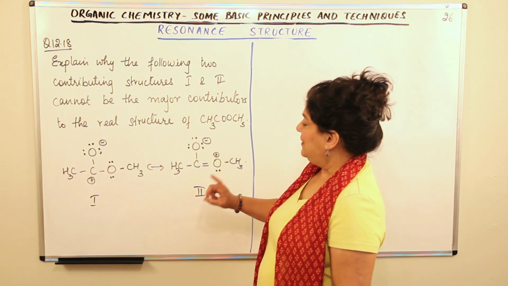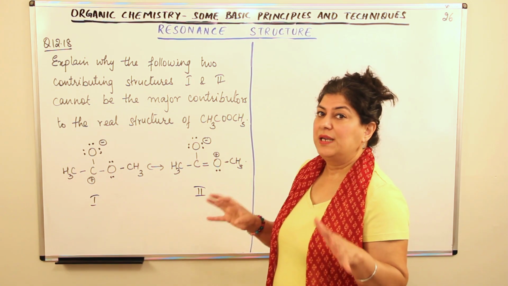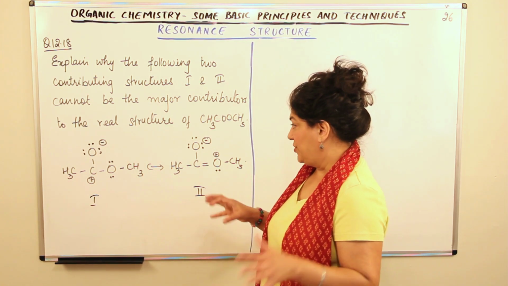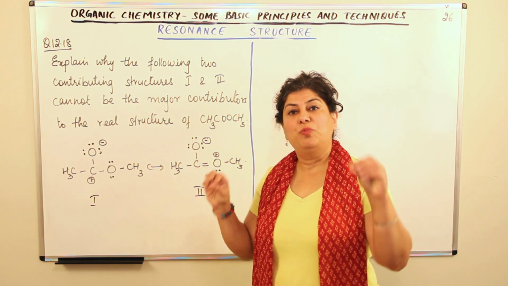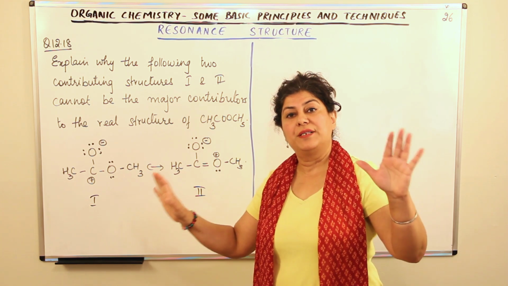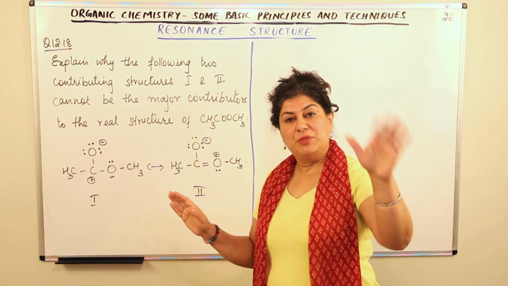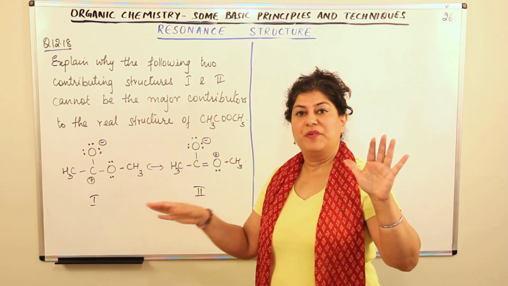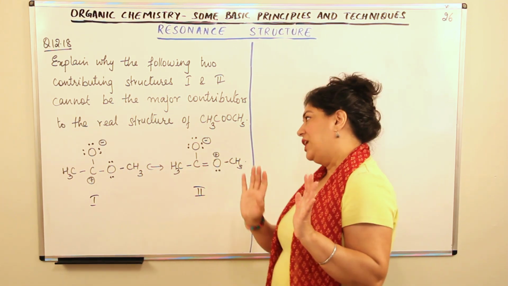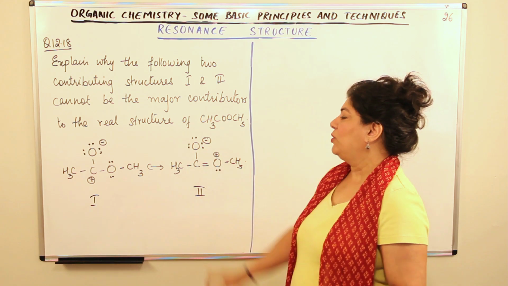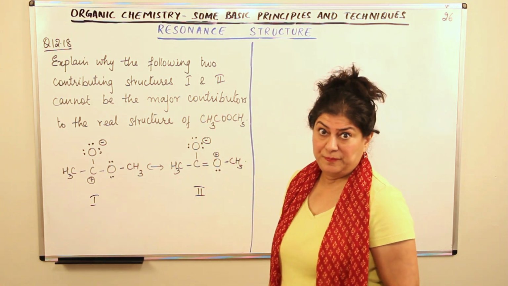But the one thing that is making it unstable and not making it the major contributing structure is that the negative and positive charges are on oxygens. Both the atoms have the same electronegativity. Yet one of them is bearing a positive charge and the other one is bearing a negative charge, which is not right. Oxygen having negative charge is good, but this oxygen having positive charge is not a good thing.